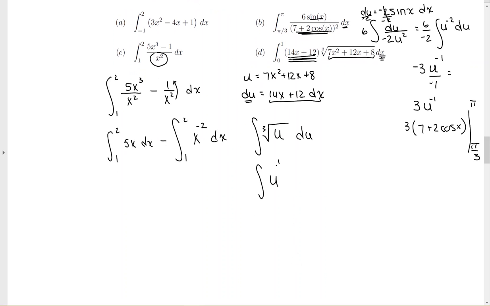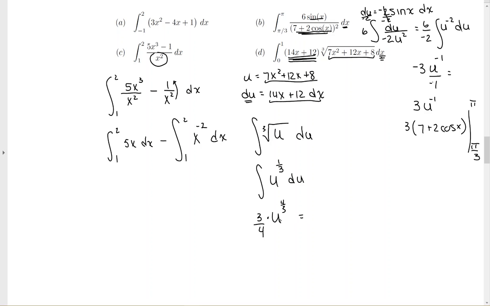Change it to a fraction exponent because again you can't do anything with the radical, and then go ahead and integrate. So integrate, switch out your u for the 7x squared plus 12x after you integrate. So if I integrate this, this is going to be u to the add 1, which would be 4/3 times 3/4.